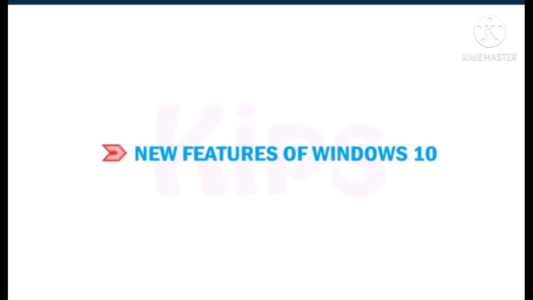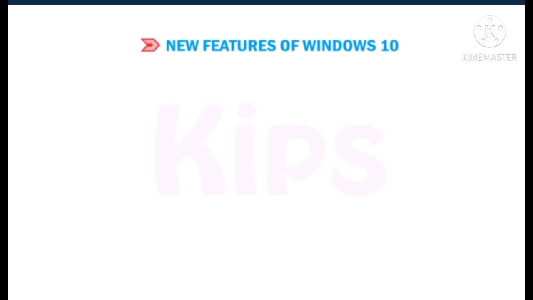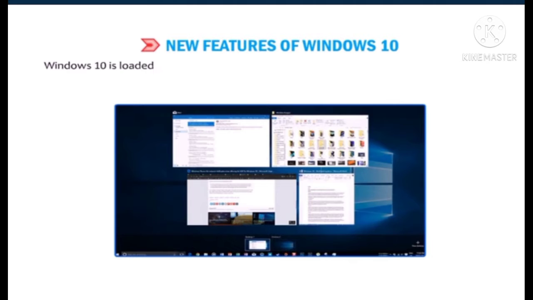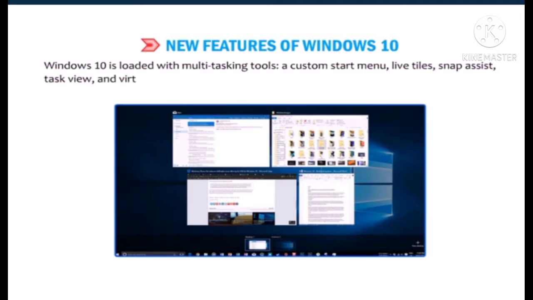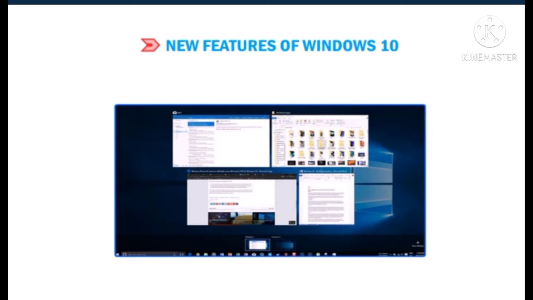New features of Windows 10. So let's discuss, students, how many features of Windows 10. Windows 10 is loaded with multitasking tools, a custom start menu, live tiles, snap assist, task view, and virtual desktops to keep you organized, focused, and ready for anything.